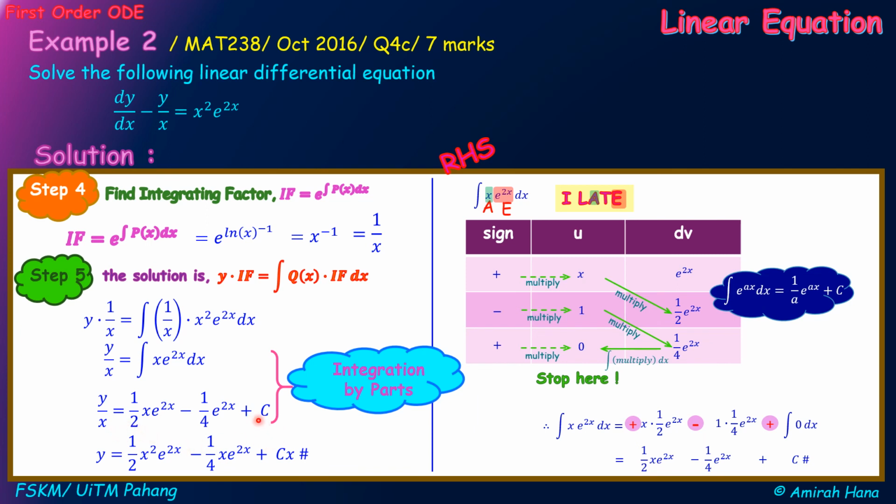So we need to multiply c with x. But if it is a constant, we do not need to multiply, because c times a constant also equals a constant. So this is the final answer, this is the solution.